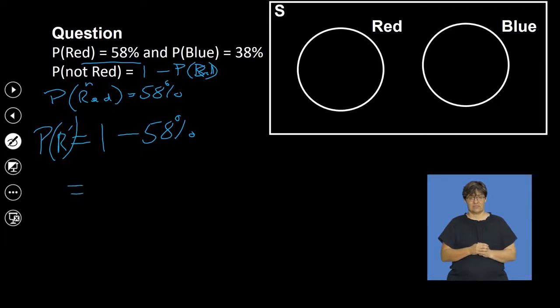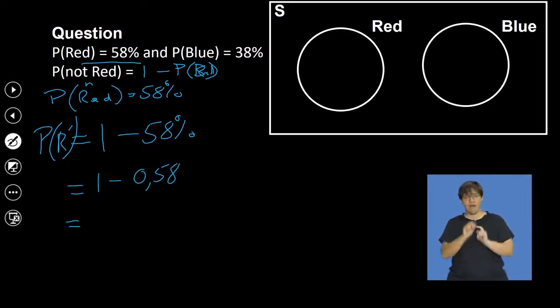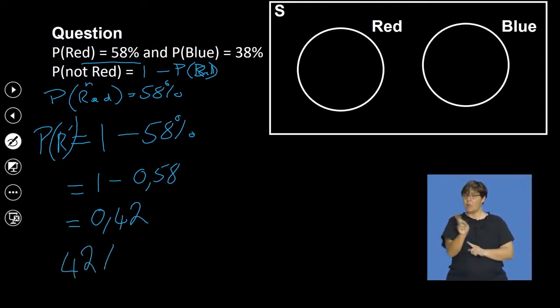We're going to say 1 minus 58. Now, if we want to do this correctly, we're going to say 58 is actually 0.58. And when we do the subtraction, I think you can see that this is going to be 0.42. Okay, 0.42, which turns out to be 42%.